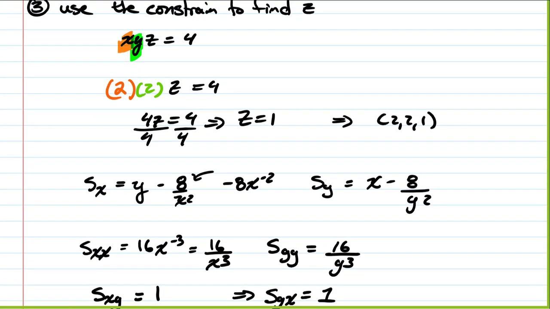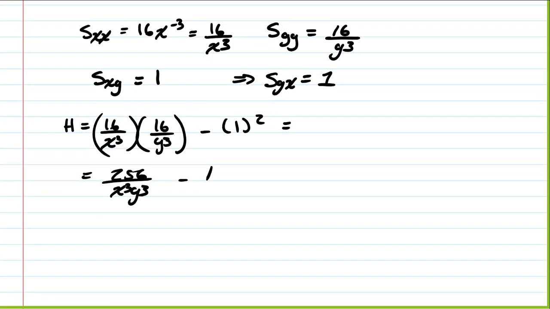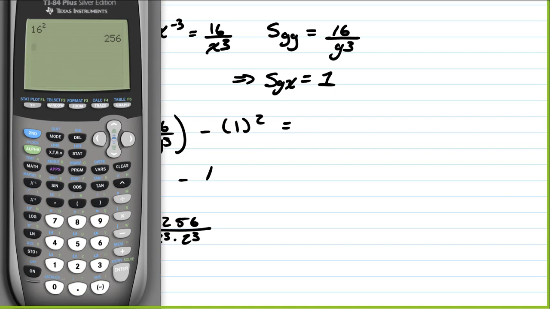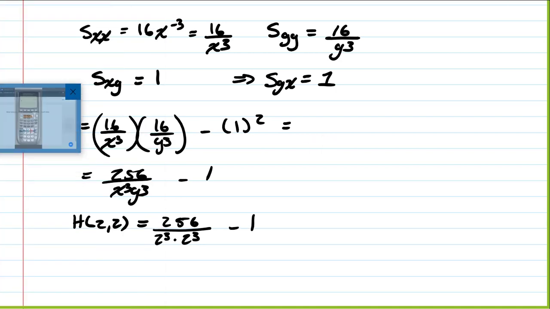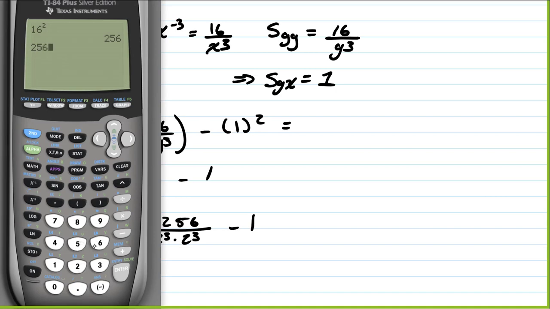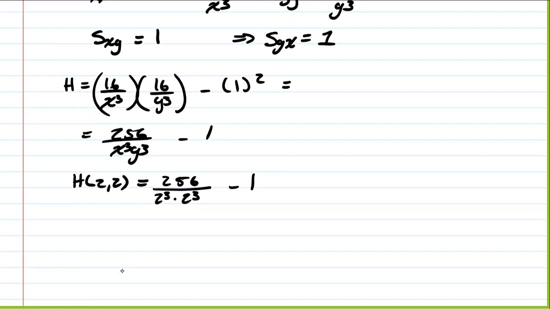And if we put in our points 2, 2, 1, or in our case 2, 2, because this only involves x's and y's, that's 256 divided by 2 cubed times 2 cubed, take away 1. So then we have 256 all over 2 to the third times 2 to the third, take away 1, and we get 256 over 63.